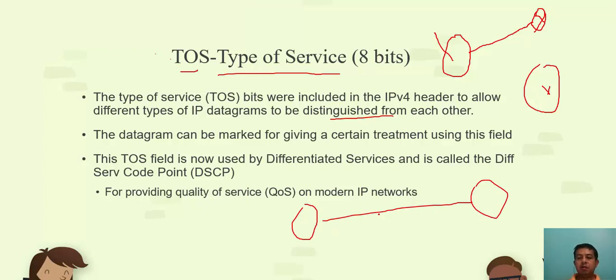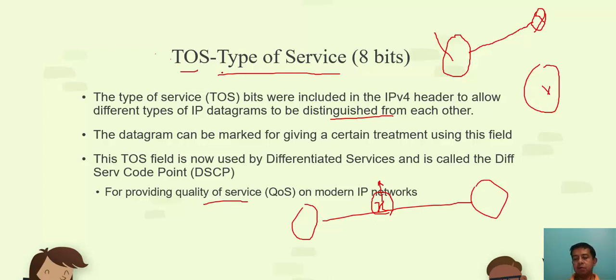Say a dedicated bandwidth of X is required. Now if that dedicated bandwidth is not available, say sometimes the bandwidth goes down to Y, in that case the quality will degrade. So to maintain a minimum standard so that the quality of service is maintained, this field, the type of service, is used these days.